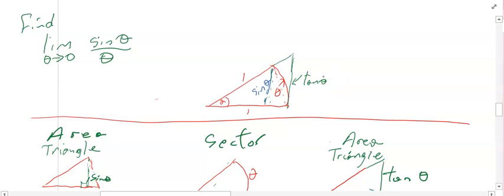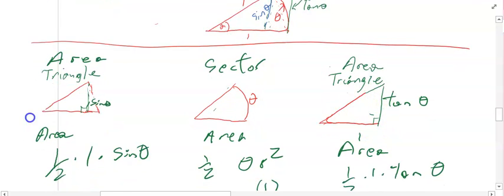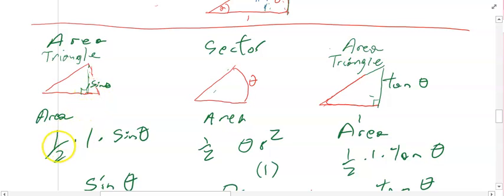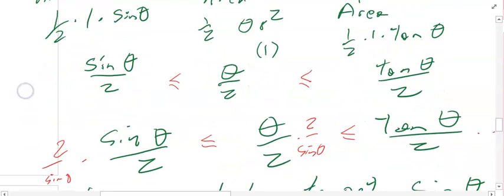We set these up as inequalities by using the area of a triangle, the area of a sector, and the area of the larger triangle. The area of the small triangle with the height of sine theta is 1/2 sine theta, which is sine theta over 2. The sector is 1/2 theta r squared, which is theta over 2. And for the big triangle, it's 1/2 tan theta, which is tan theta over 2. Now we know that sine theta over 2 is less than or equal to theta over 2, less than or equal to tan theta over 2.